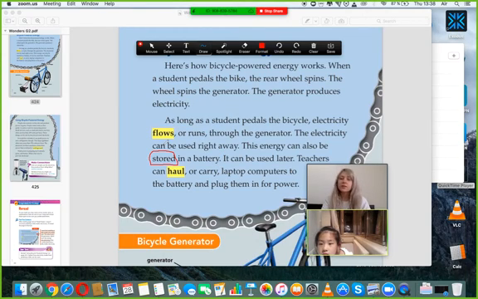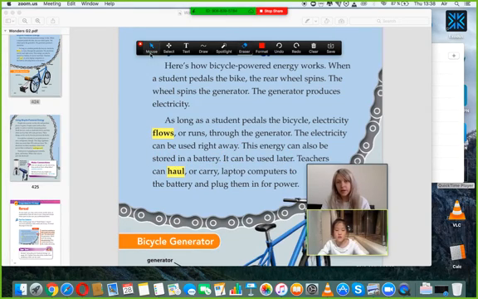And if we don't understand the meaning of this word, how can we understand it? Which words can help us? Battery, yes, and the next sentence. It can be used later. So, stored means that something can be used later. So, if we don't want to use something now, we can store it and use it later.